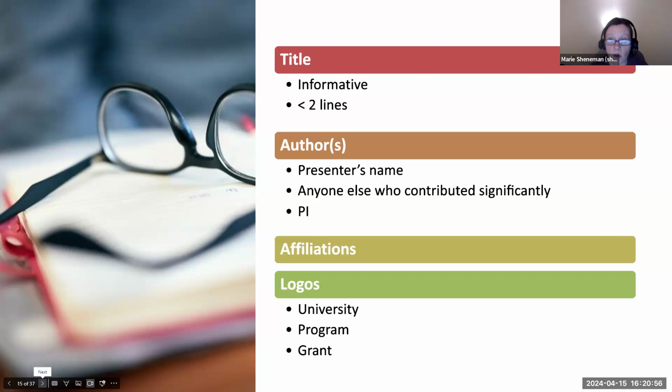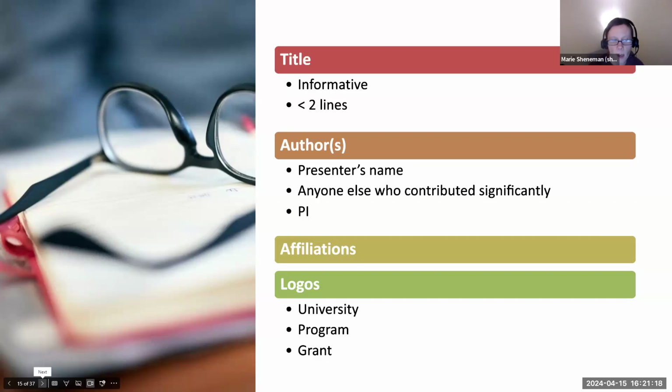And then you want logos, and a lot of these you can pull off websites or email people. You want your university logo, the kind of boring UC San Diego logo with the line underneath it. The program logo, for those affiliated with a program, the McNair program, grab the McNair program logo off the website.